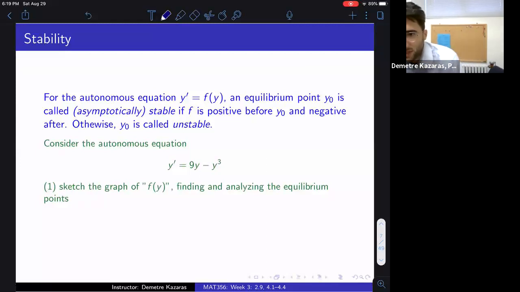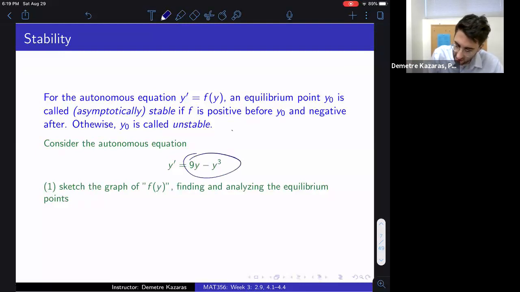Okay, so let's do this procedure again for a slightly different differential equation, and let's sketch the graph and figure out what are the stable points. This is f here, so f of y.